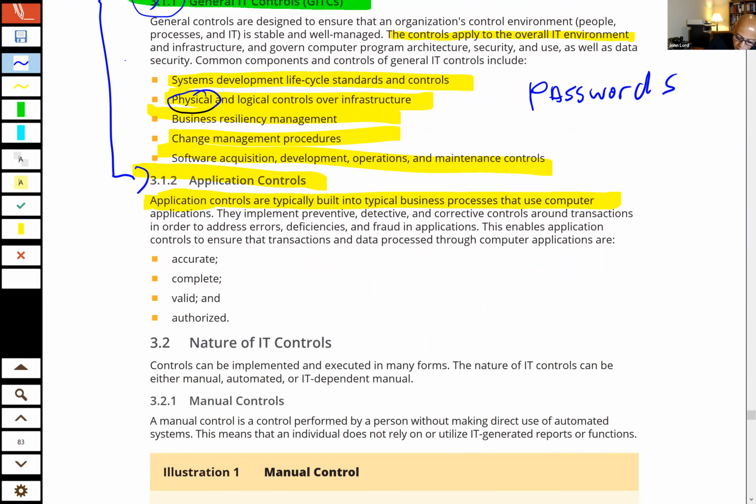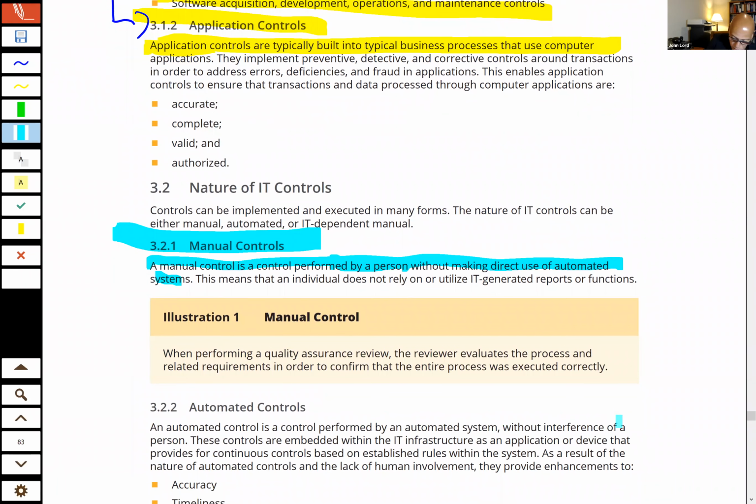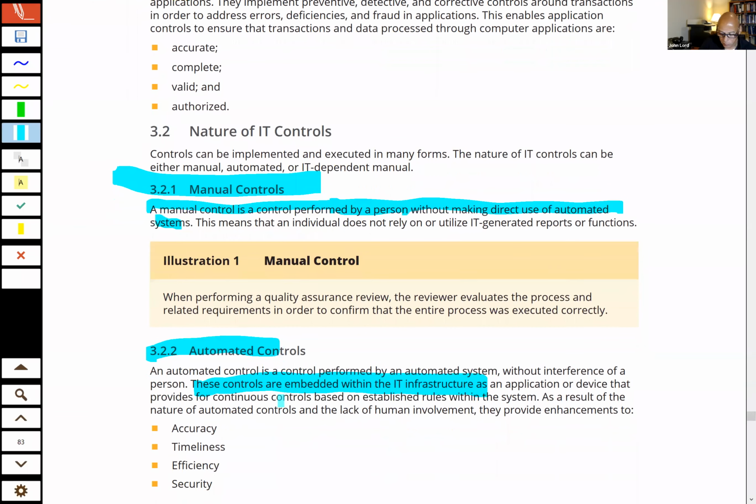Now we can also look at the nature of these controls, and you can have manual controls, which are obviously performed by a person without making direct use of automated systems. But you can also have automated controls. Automated controls are embedded within the IT infrastructure. Okay.